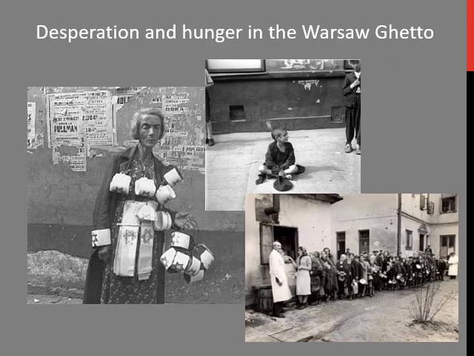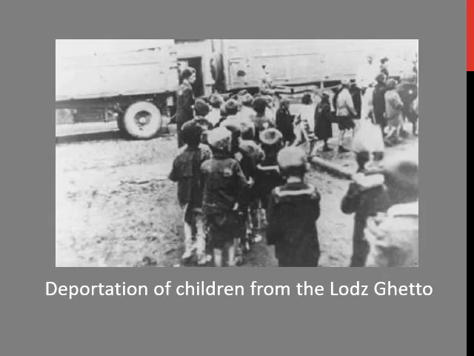Of course, the conditions deteriorate to the point where hunger is ubiquitous and desperation is ever present, and the leaders of the ghettos try their best, from the top down and also from house committees, to provide for the basic needs of people, but they really don't have the resources to do so.